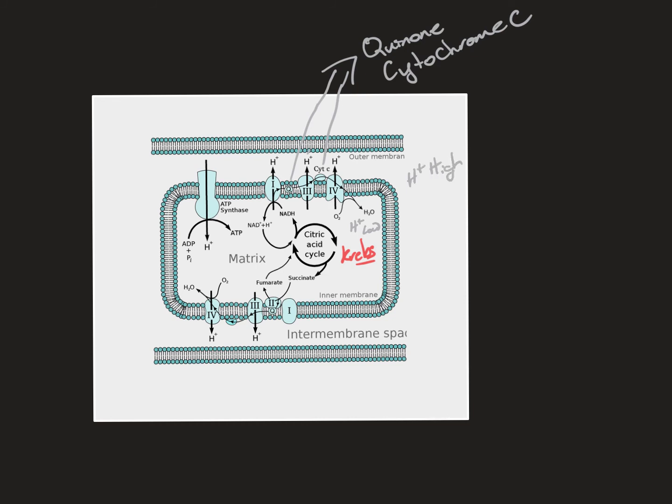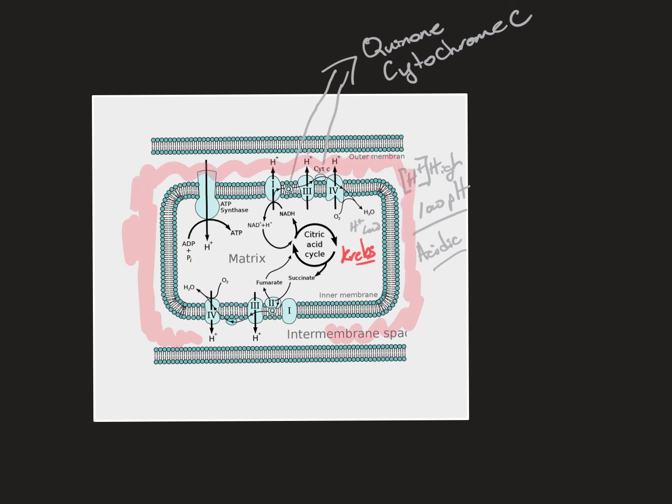High concentration of hydrogen ions means that you have a low pH, because remember, the relationship between pH and hydrogen ion concentration is opposite, but that also means it's acidic. So relatively speaking, you're more acidic in this intermembrane space out here. This is more acidic, and the space in the matrix is more basic.